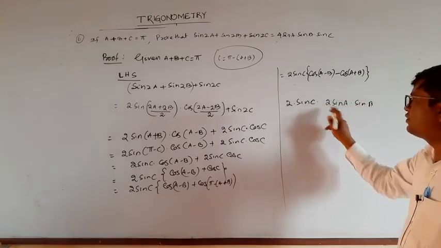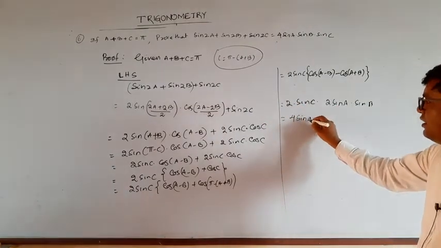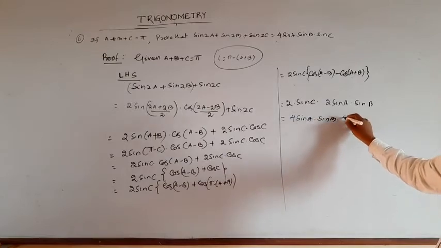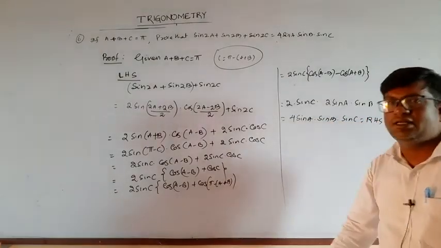That implies 2 into 2, that is 4 sin a into sin b into sin c. This is the right hand side.